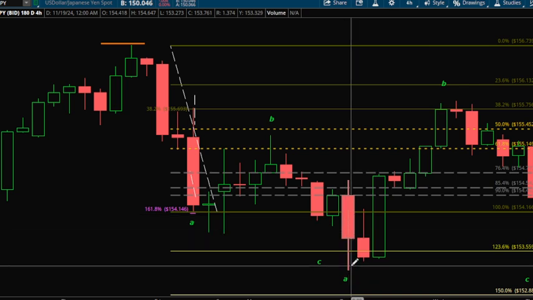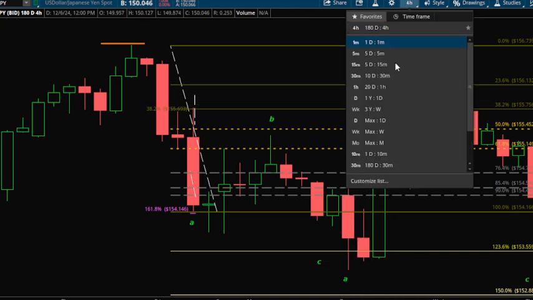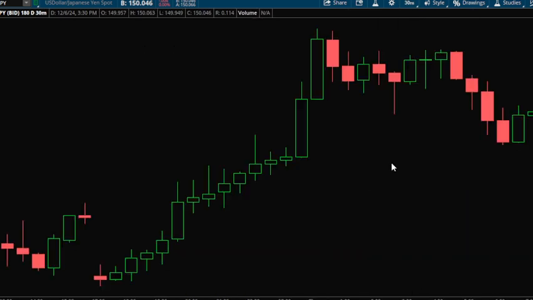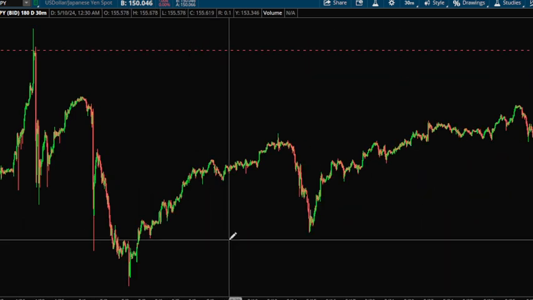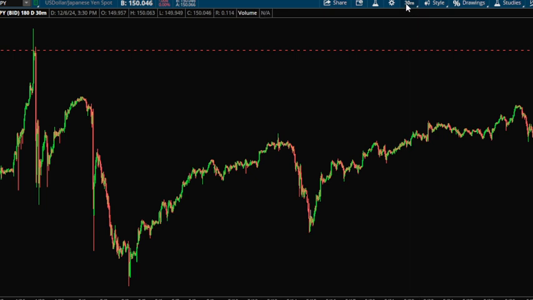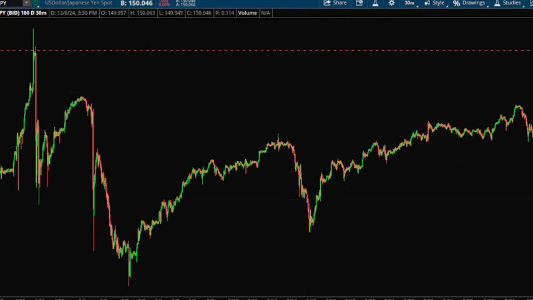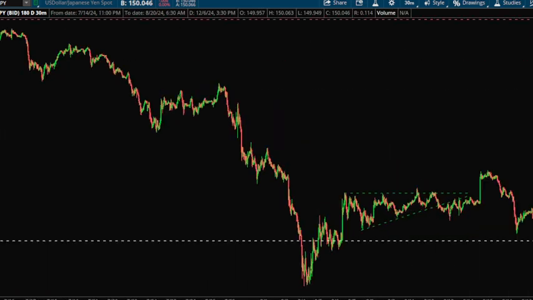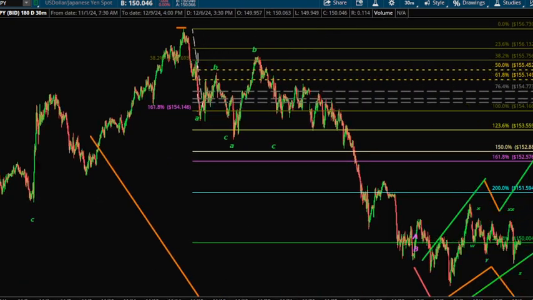So let's go ahead and knock it down here on a 30-minute time frame and see if we could find out why that didn't hit on a fib. Okay.